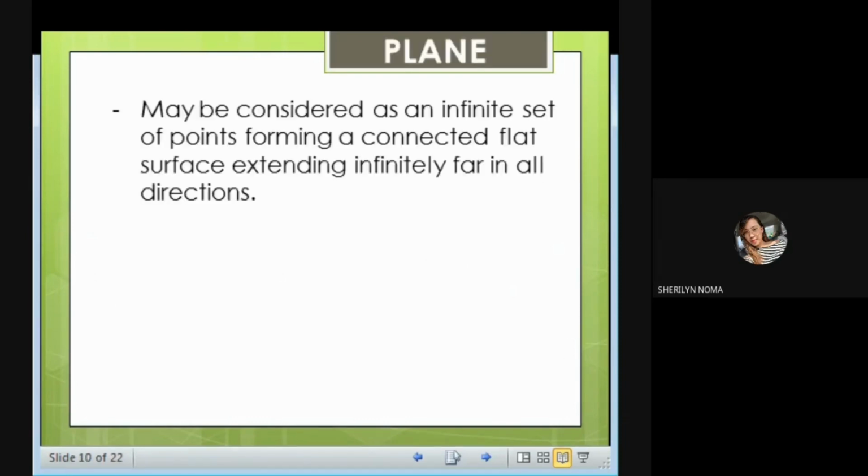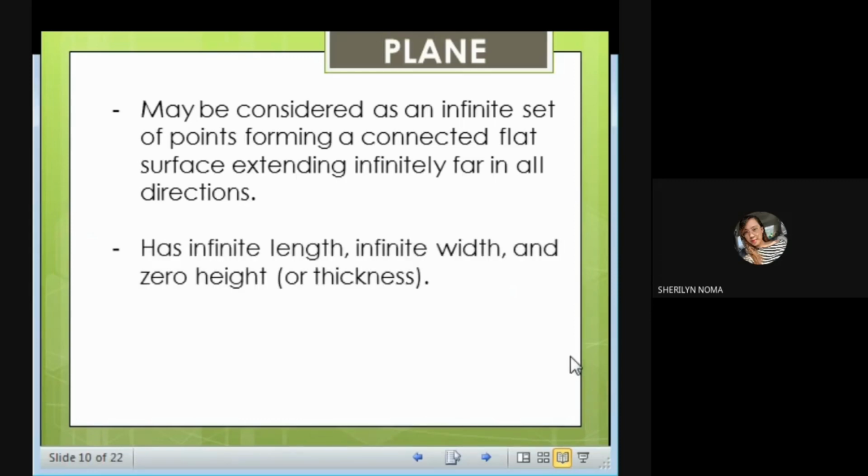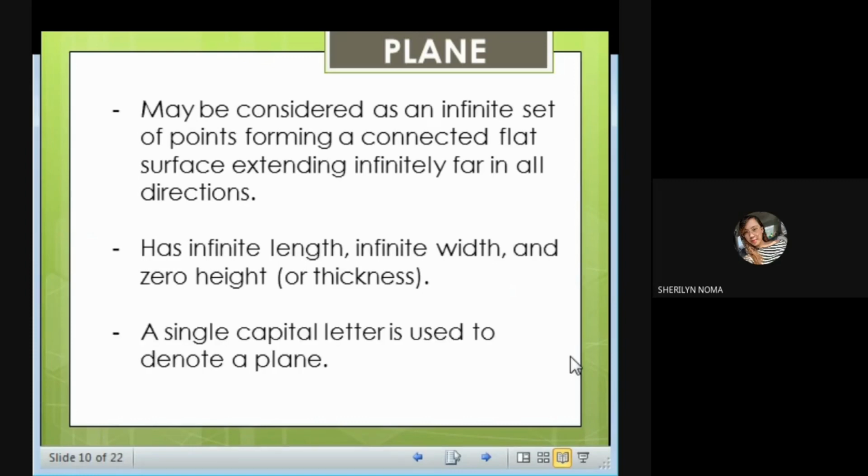A plane may be considered as an infinite set of points forming a connected flat surface extending infinitely far in all directions. It has infinite length, infinite width, and zero height or thickness. It is usually represented in drawings by a four-sided figure. A single capital letter is used to denote a plane.